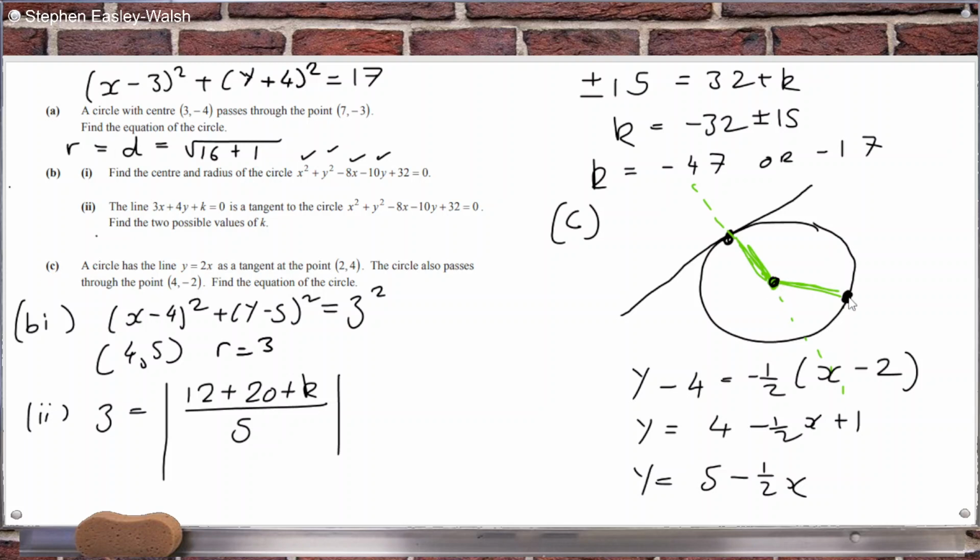And then the distance from here to here has to equal the perpendicular distance from here to here. Ooh, that doesn't sound like the best way to do it, but let's see what happens.